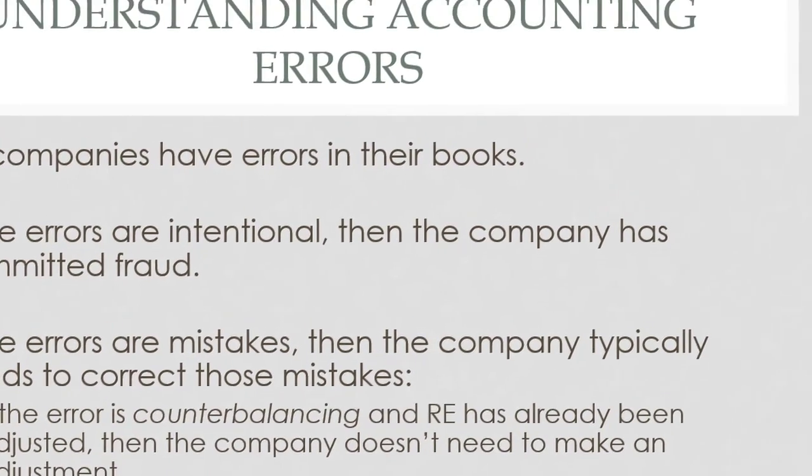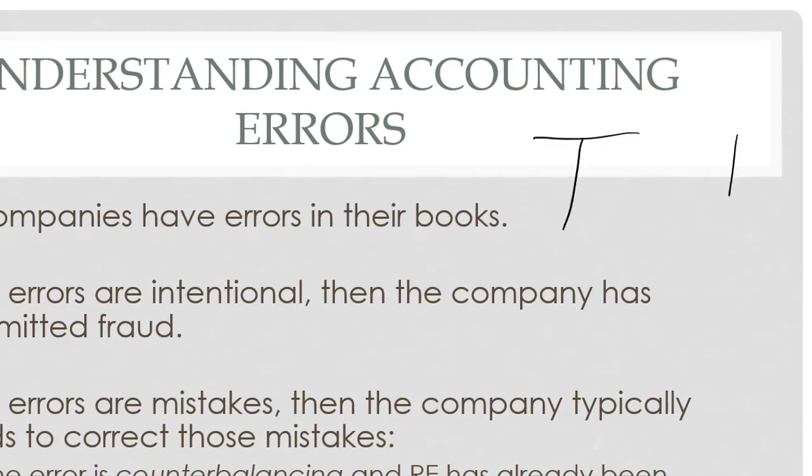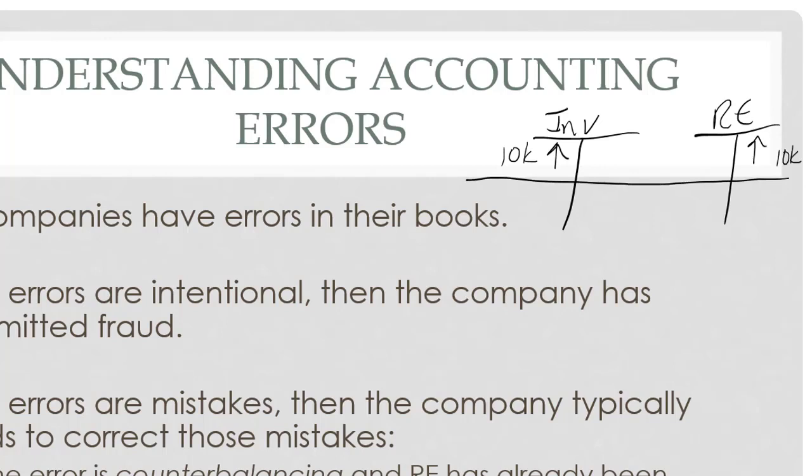So if we think about this, inventory and retained earnings, in year one, inventory was too high, and retained earnings is also too high, $10,000 each. If I don't make any mistakes, then in the next year, my inventory will be correct. I'll have an extra write-down of inventory, so cost of goods sold goes up because inventory goes down a little bit more than it should, and my mistake balances out.